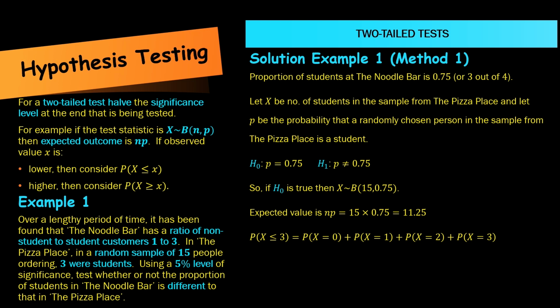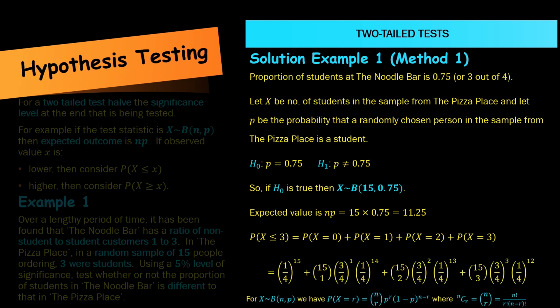The probability that X is less than or equal to 3 is equal to the probability that X equals 0 plus the probability X equals 1 plus the probability X equals 2 plus the probability X equals 3. And we can calculate this using the formula for the binomial distribution, as shown here.